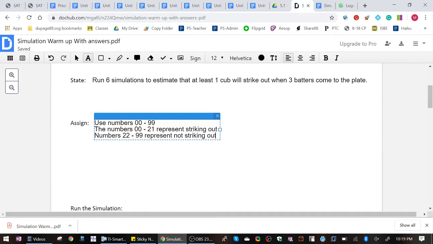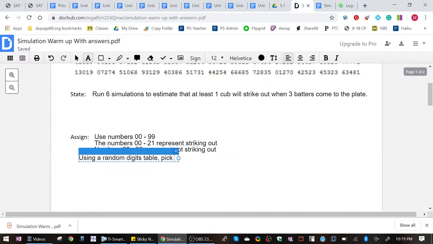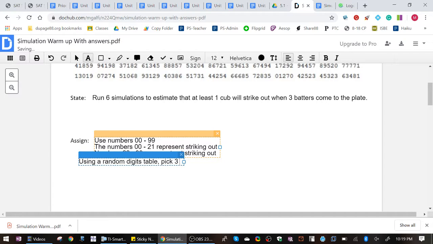So now that I have this explanation, I have to write how I'm actually going to run the simulation. This is very similar to what we did in chapter 4. We'll say using a random digits table, we will pick 3 two-digit numbers.